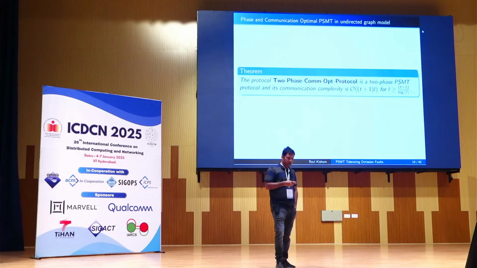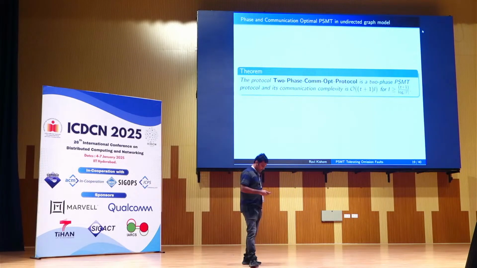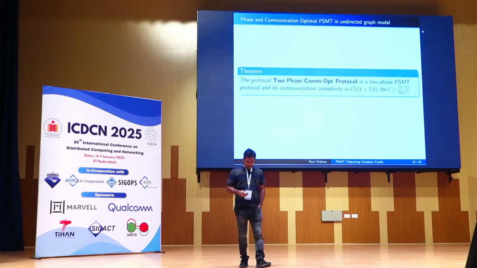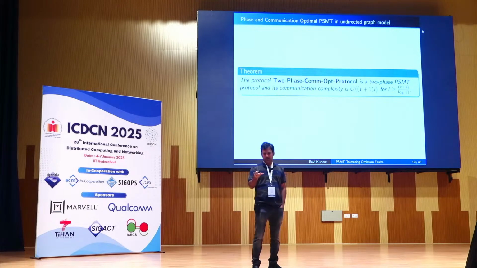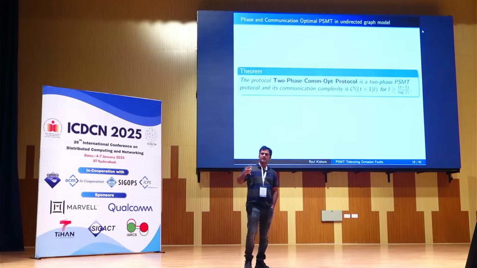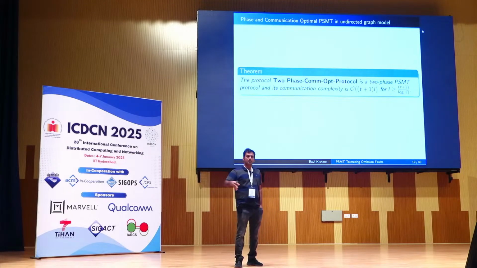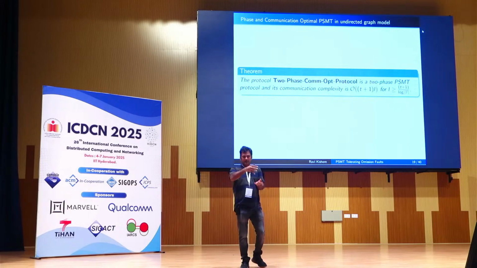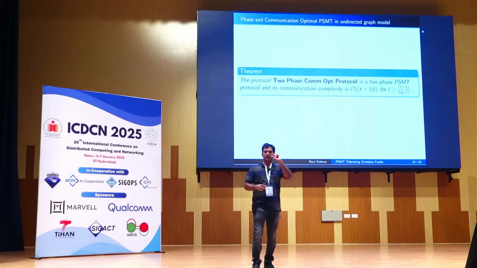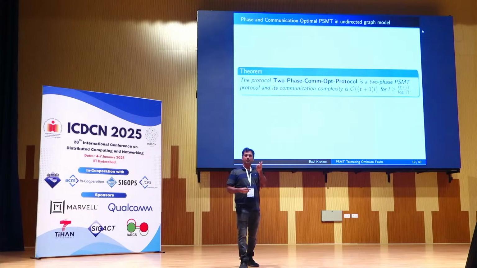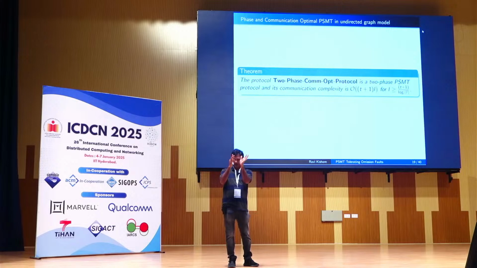How are we able to achieve the lower bound for the communication complexity? If you see, in the first round what happens is just sending random numbers, that is T plus 1 random numbers. And then in the second round, along with broadcasting the masked message over the T plus 1 channels, the sender is sending a bit vector. But notice, this bit vector is of size T plus 1, irrespective of the size of the message.